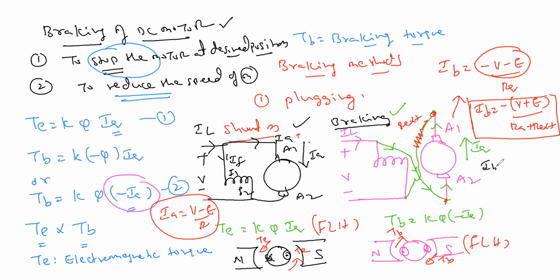This is what I was saying. Ib Ra is equal to magnitude V plus E. Voltage across the armature resistance during plugging is V plus E, approximately 2V.